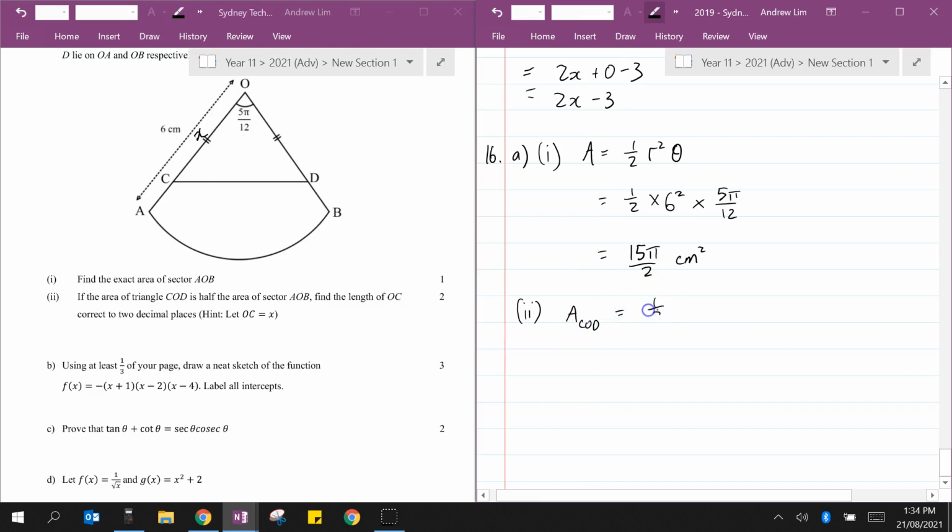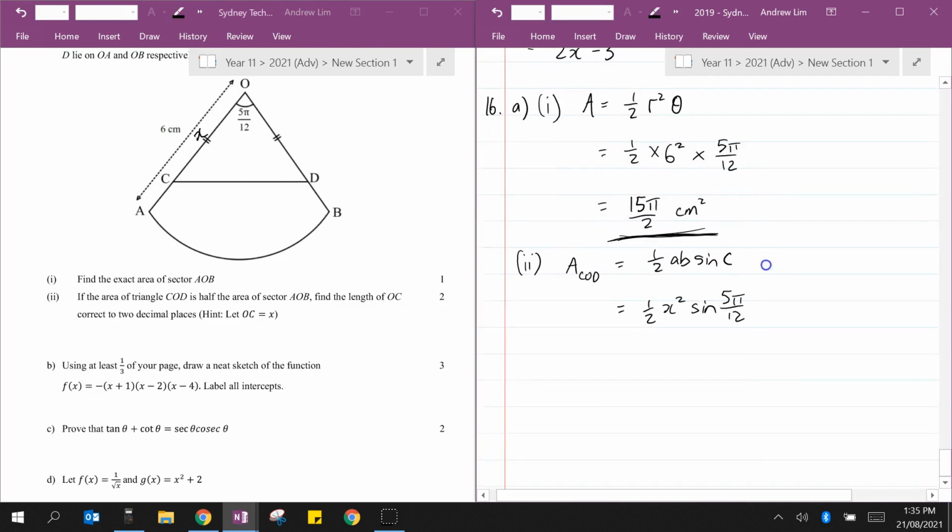We know that's half ab sine C. In this case, a and b are both x's, so it's half x squared sine of 5 pi on 12. And we know that that area is going to be half of the area of the sector.